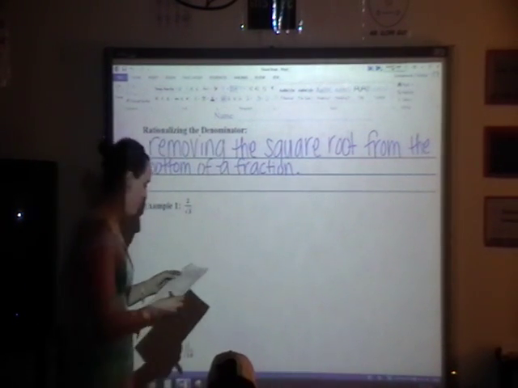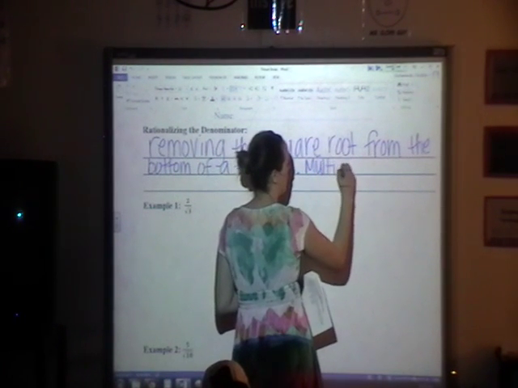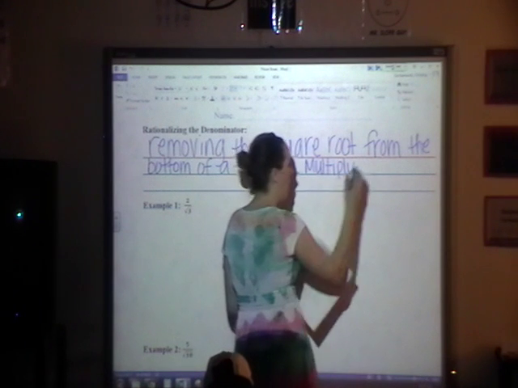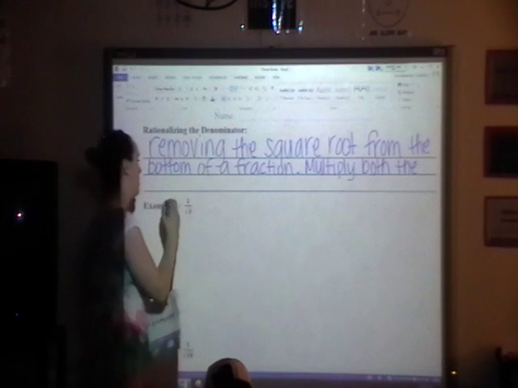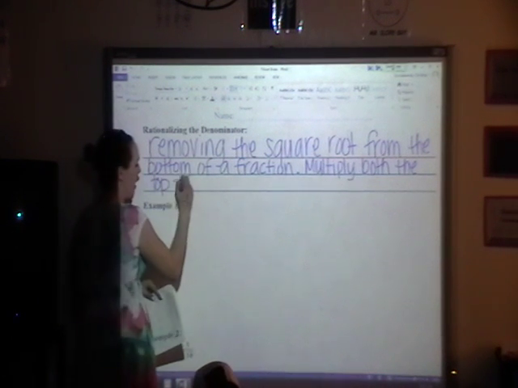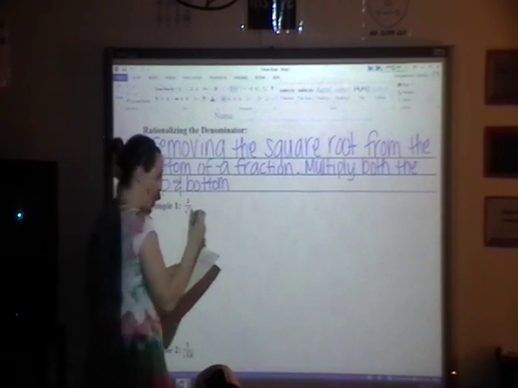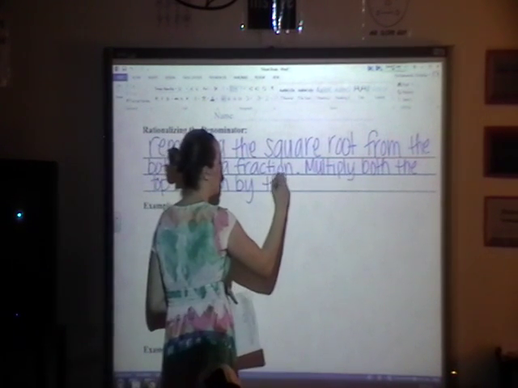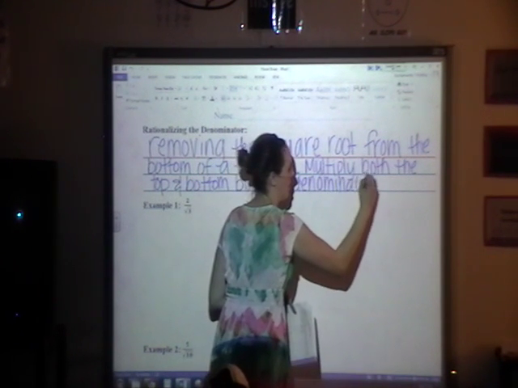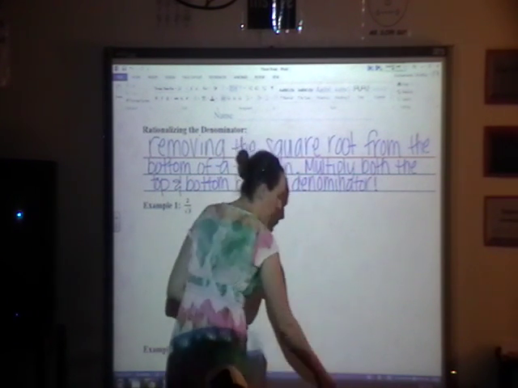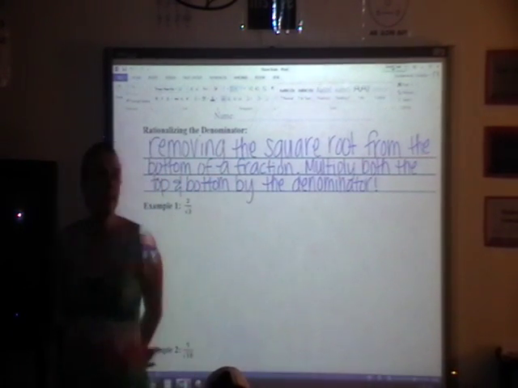How we do that is you have to multiply both the top and bottom by the denominator. Yes. So you have to multiply the bottom by the bottom.